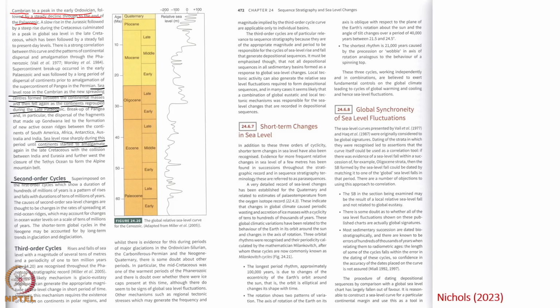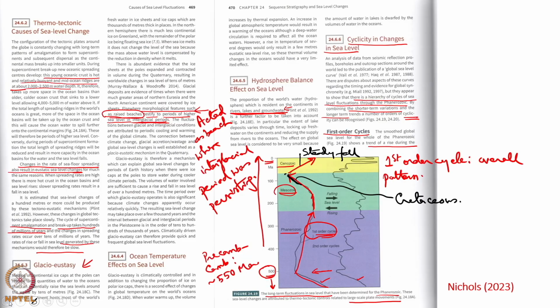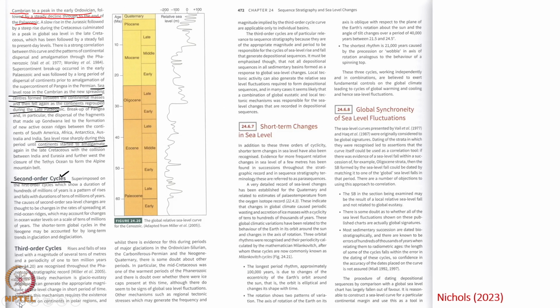Let us look at the second order cycles, which is presented in this curve. Even when we say that increasing sea level with time, if one observes the graph carefully, there can be shorter periods of fall and then some rise. So, in this portion we can see a fall.